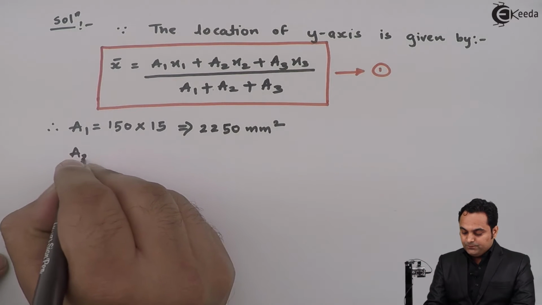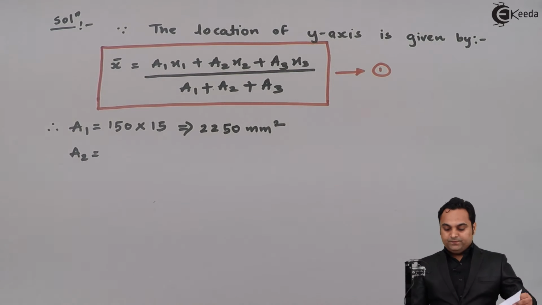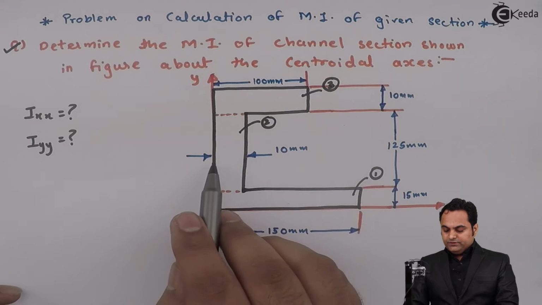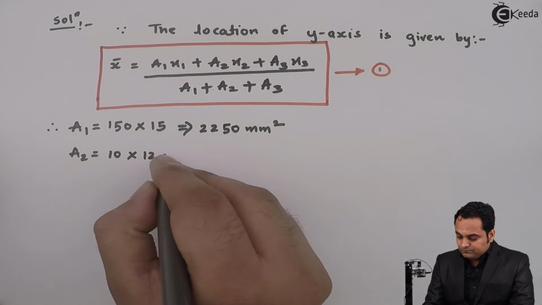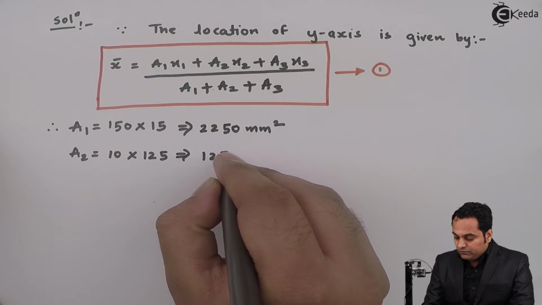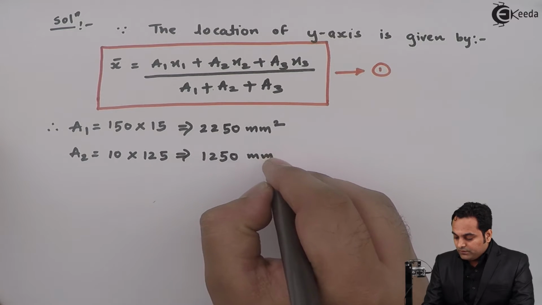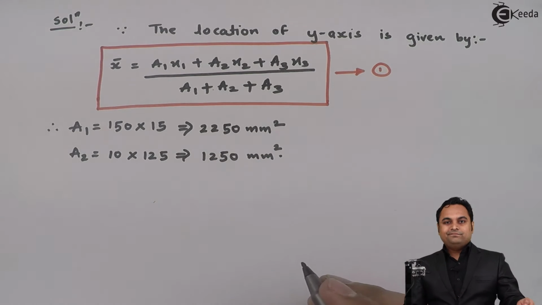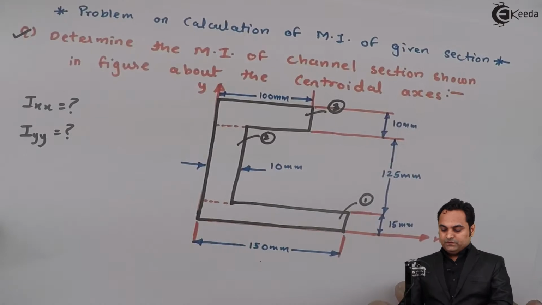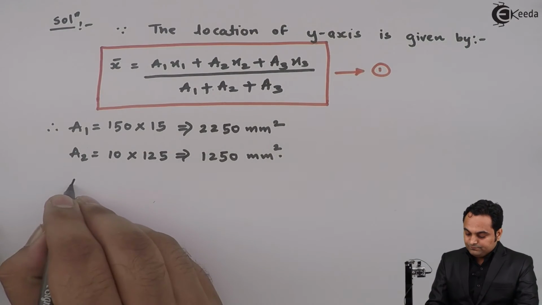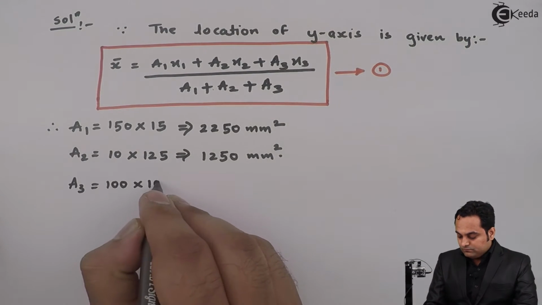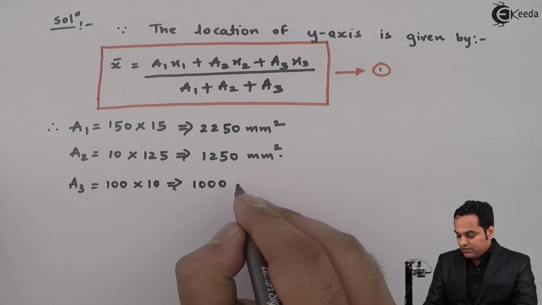Next area 2, that is equal to 10 into 125, so it is 1250 mm square. Next area 3, it is 100 into 10, so it is 1000 mm square.